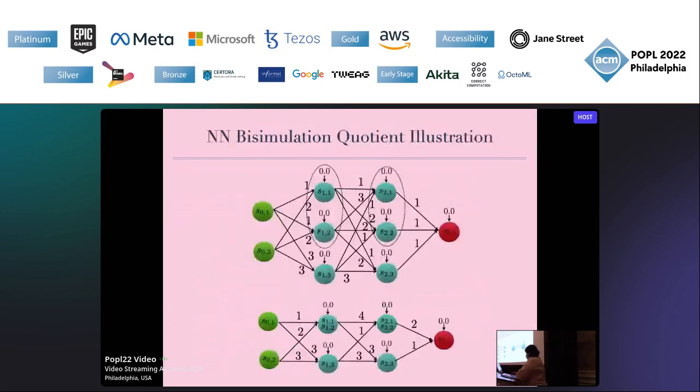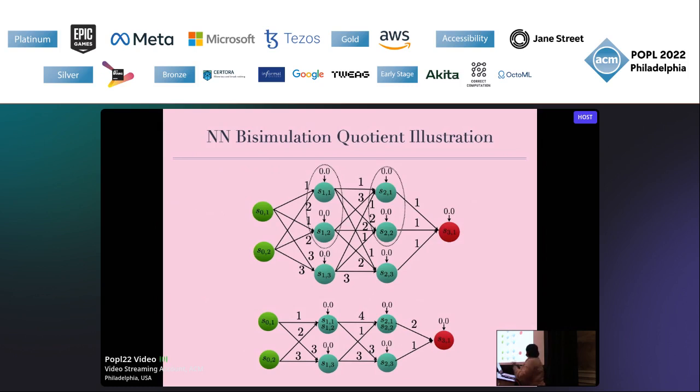All right. So here is an example of quotienting. Let's say we group together the nodes that are shown in that dotted circle over there. And you can verify that this is an NN bisimulation. For instance, if you look at S21 and look at its presum with respect to the nodes S11 and S12, the value is 4, and it would be the same for S22 as well.